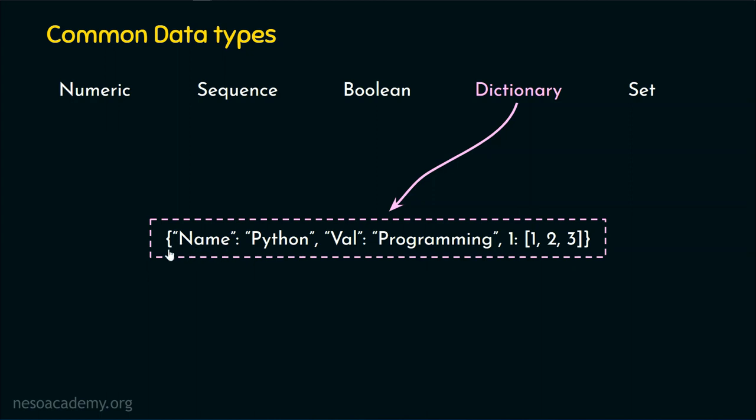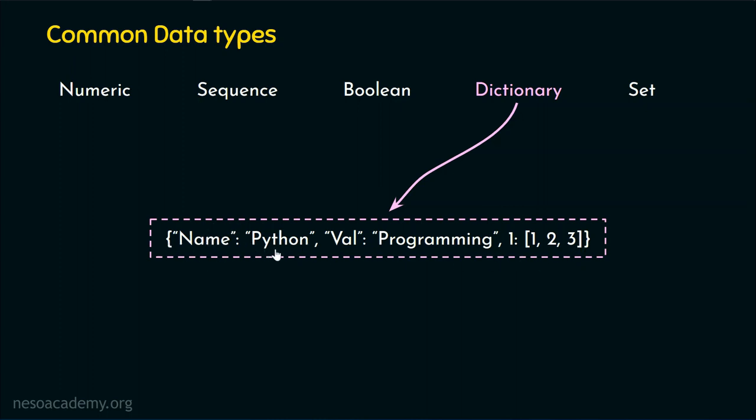The string is called name. Similarly, in the second element or the second pair, the key is again a string which is called val. And going on, in the third element or the third pair, the key is an integer, that is 1. So as we can see, the key in all these 3 pairs is of different data types.